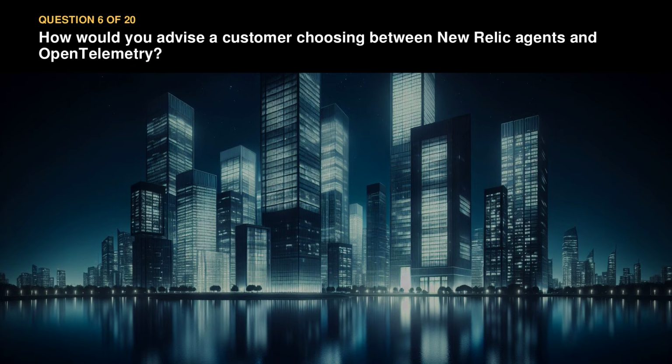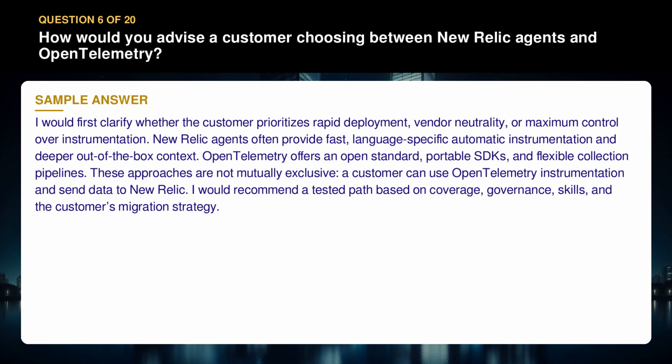Question 6. How would you advise a customer choosing between New Relic agents and OpenTelemetry? I would first clarify whether the customer prioritizes rapid deployment, vendor neutrality, or maximum control over instrumentation. New Relic agents often provide fast, language-specific automatic instrumentation and deeper out-of-the-box context.